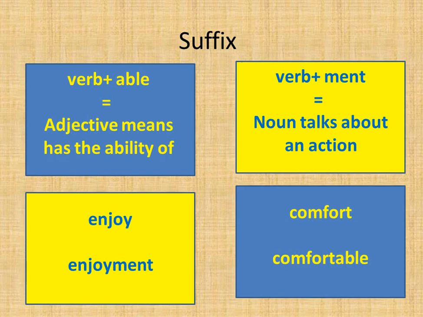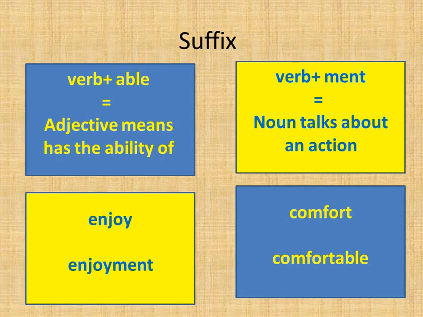So verb, able, we add it at the end of a verb. So verb plus able turns to be an adjective and means has the ability of. If I say comfort, comfort is a verb. Comfortable, it is an adjective.